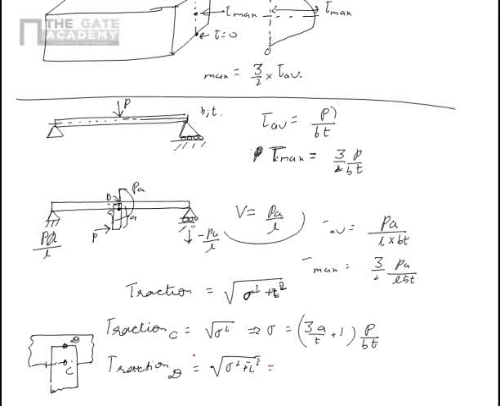Now there is a sigma because there is a direct or longitudinal stress which is P upon BT. So if I just square it up, plus the value of tau, the maximum value of tau is this much, 3 by 2 PA upon L BT, squared.